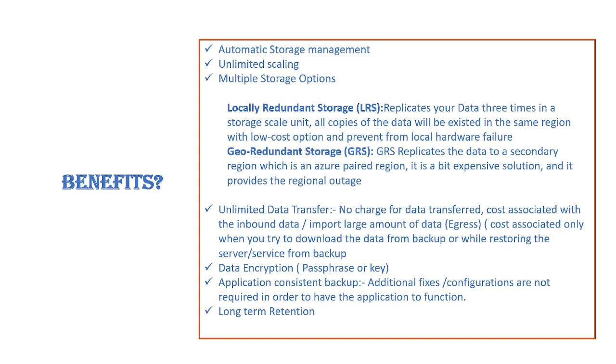That is called egress, because the data is coming out of the Northern Europe region and coming inside the Western Europe region. Whenever egress happens, only then is the charge applicable. There is a storage cost as well, but it is very negligible. That is about unlimited data transfer and its impact.